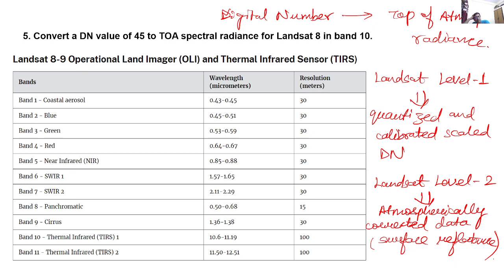So as you see, the bandwidth was 0.02 microns in band 1, it has suddenly shot up to 0.06 microns in band 2, then 0.06 in band 3, in band 4 it is 0.03 microns, in band 5 it has again shot down to 0.03 microns. So these bandwidths are in general designed keeping in mind both the uniformity of signal to noise ratio as well as the presence of atmospheric bands.